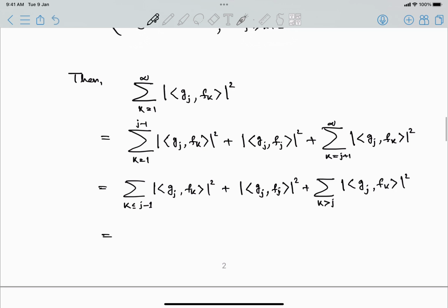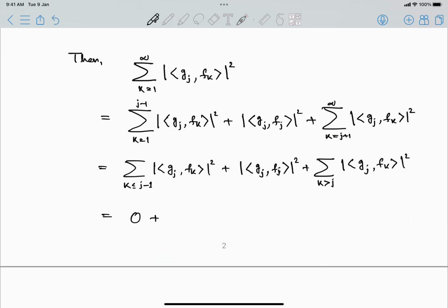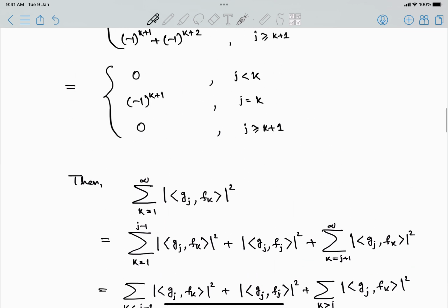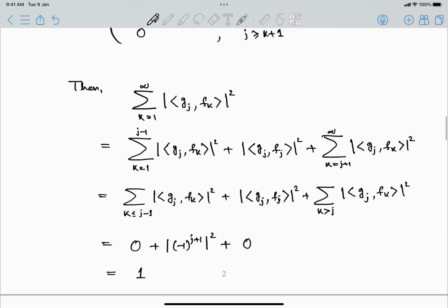The second term corresponds to the case k equals j, so this is ((-1)^{j+1}) squared. The last sum, for k bigger than j, is again 0. So what will the sum be then? (-1) to the power squared gives plus 1, so the sum will be 1. So this series sum will be 1.